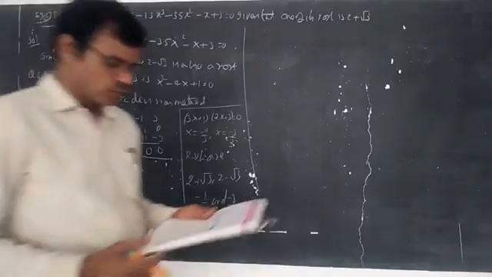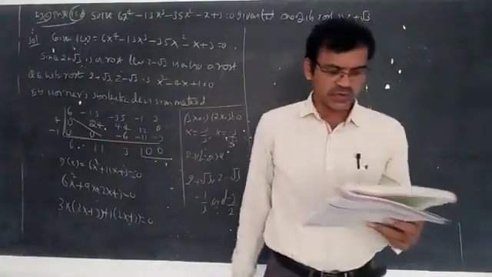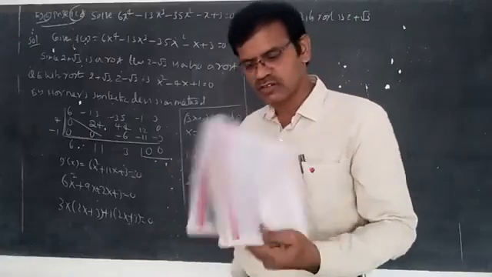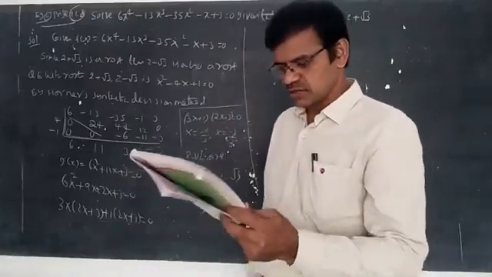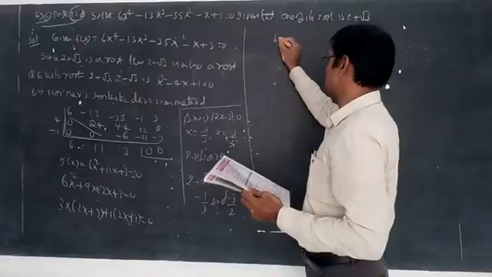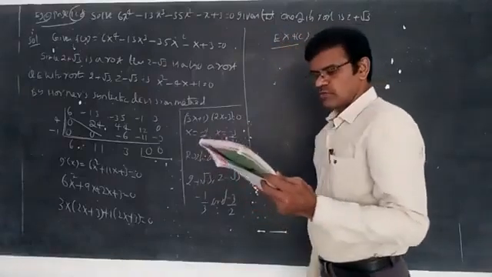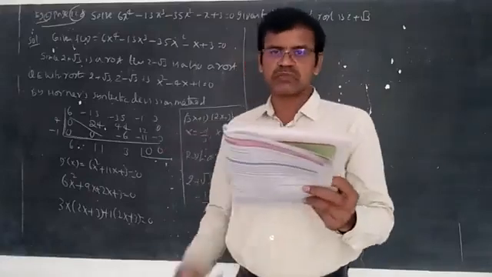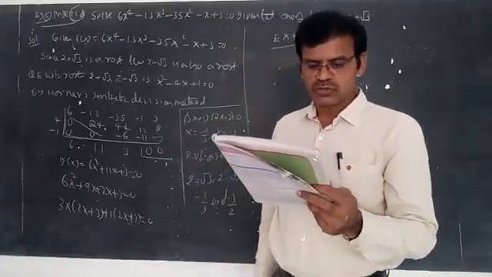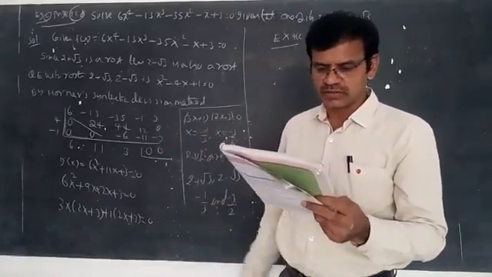In exercise 4C, you can do all the sums as homework. In the first Roman numeral, everything you do as homework: 1, 2, 3, 4. You can prepare the quadratic equation as I already said in one model.